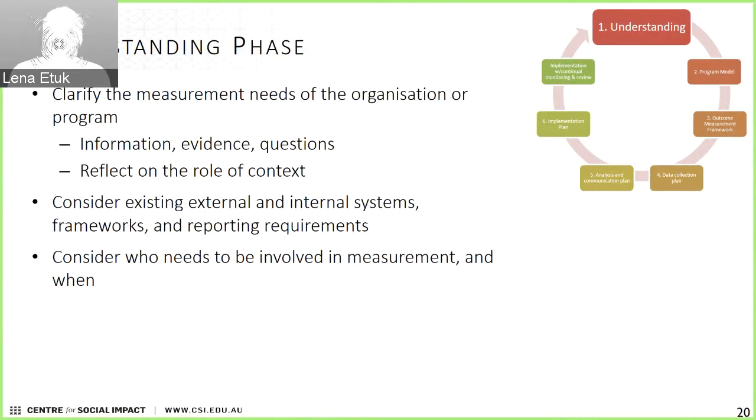Or you may reflect and realize you've had a legacy of maybe 10 different reporting requirements, and maybe some funders are shifting in their needs, and you may be able to phase out 2 out of those 10, what have you. But really pull together as much information as you can about what measurement looks like in your organization or your program already.